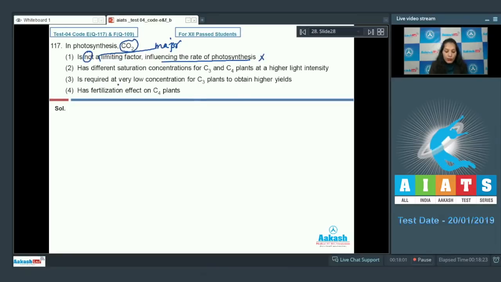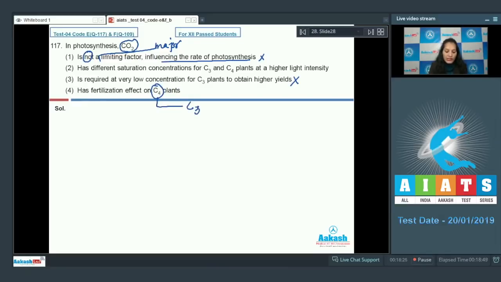Third option, is required at very low concentration for C3 plants to obtain higher yields. No, C3 plants have higher saturation concentration of CO2, so they can have more CO2 consumption to obtain higher yields. So this option is ruled out. Fourth, has fertilization effect on C4 plants.